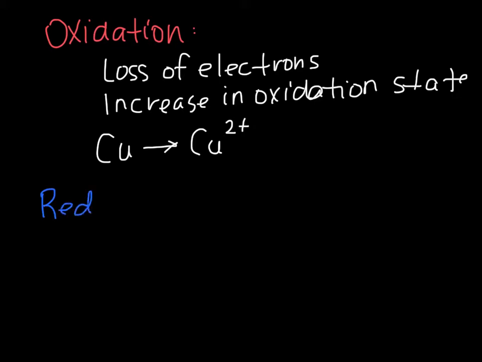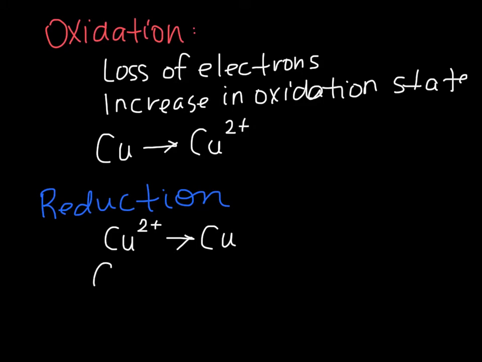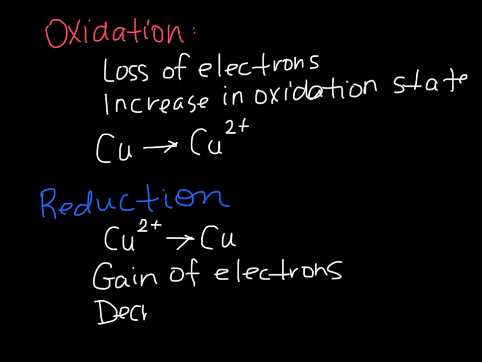We can look at reduction, and an example of a reduction would be Cu2+ going to Cu. So here we have a gain of electrons, or we can describe this as a decrease in oxidation state.